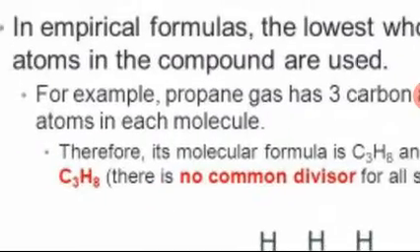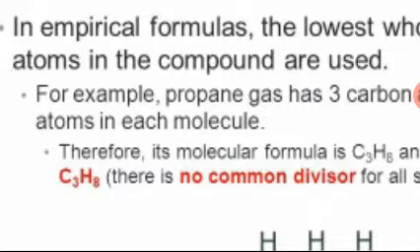Can you divide it in simple ratio? C3 and H8. Are 3 and 8 multiples of any number? No. So it cannot be divided further because decimal is not concerned in empirical formula. So we cannot get any whole number by dividing 3 and 8. 8 is not a multiple of 3.